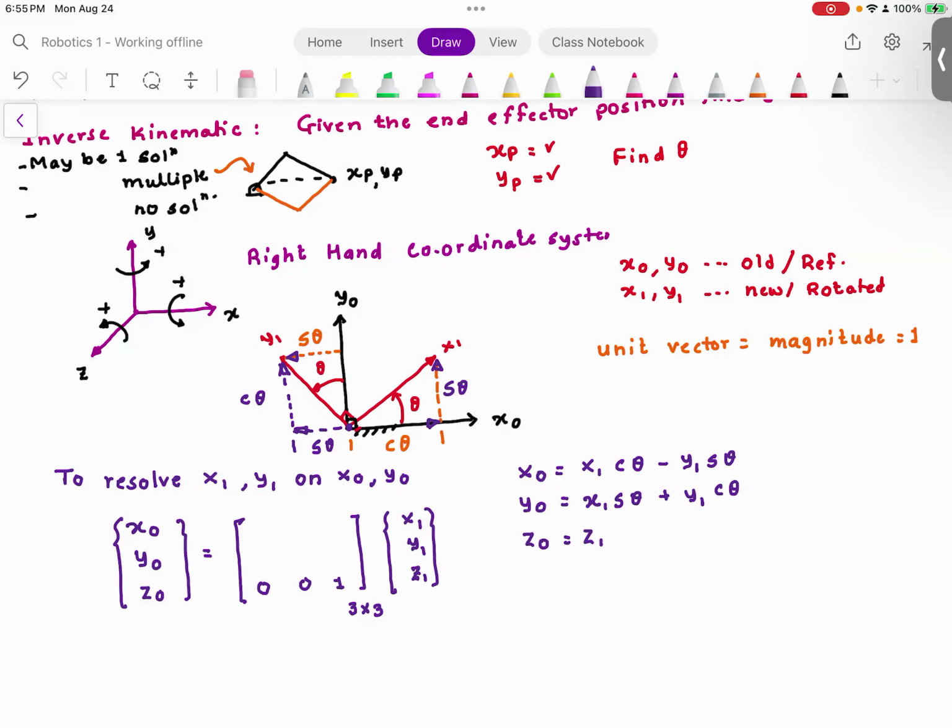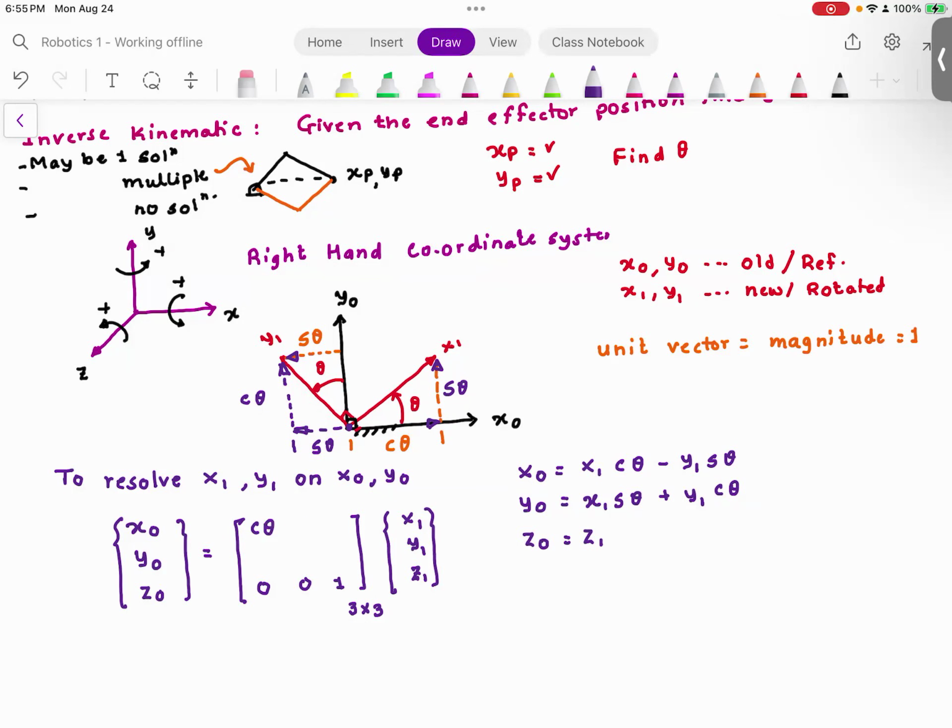Everyone is comfortable with matrix multiplications? So when I multiply this row, 0 times x1 plus 0 times y1 plus z1 times 1, gives me z0 is equal to z1. You agree with me? Same thing, I have to do it for the first equation. And can someone tell me what would be my first equation?